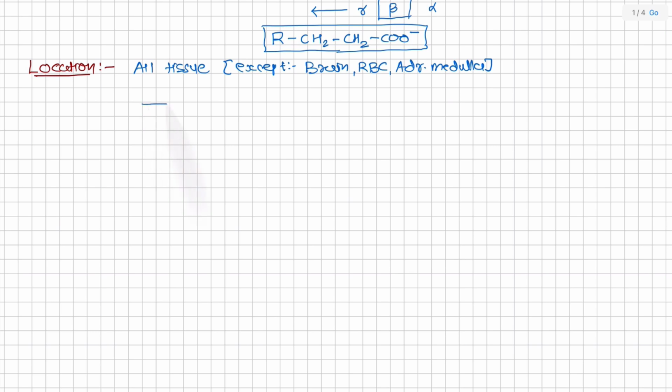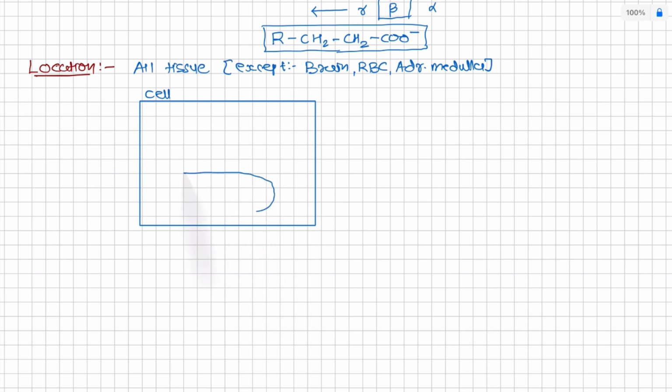For that, suppose this square represents a cell. In the cell, there are many organelles. So, let's draw one organelle, that is the mitochondria. Mitochondria has two membranes.